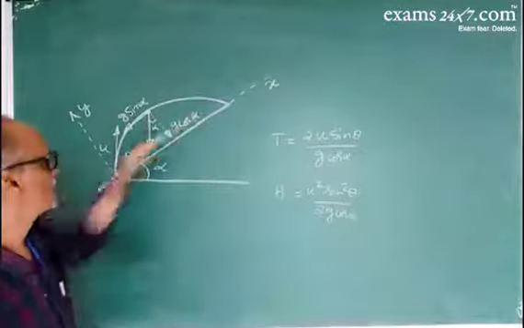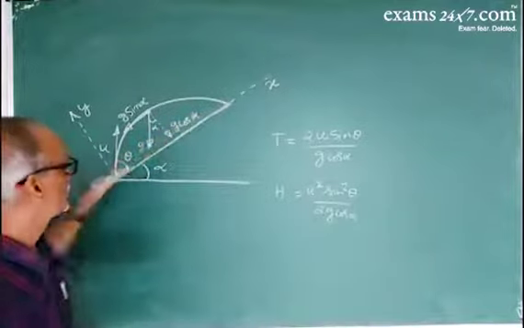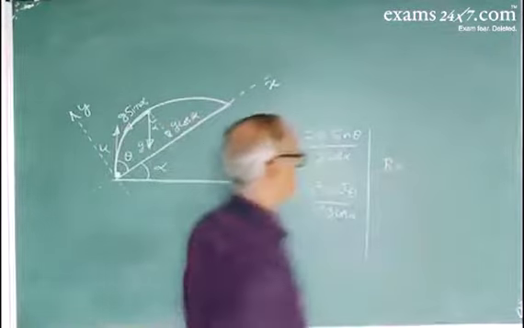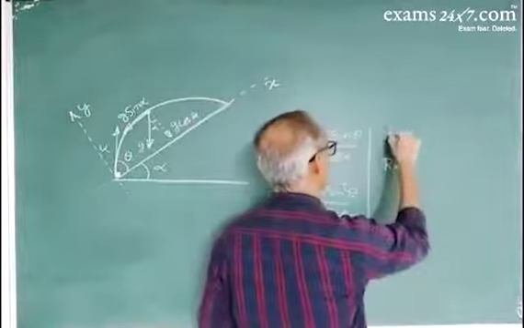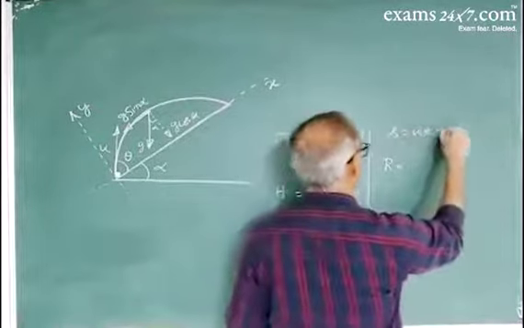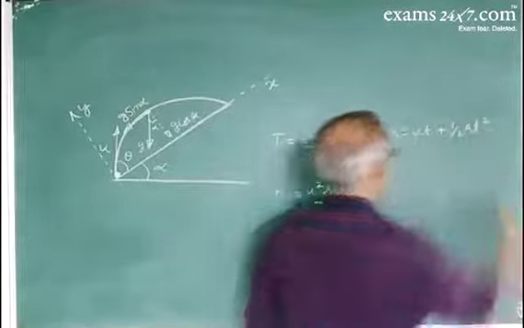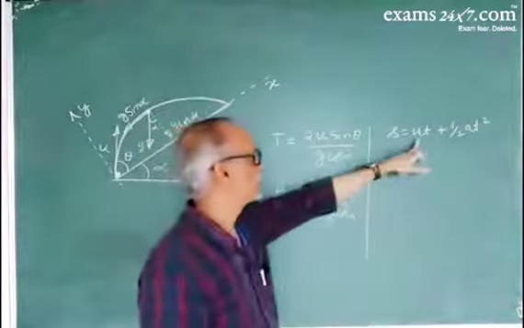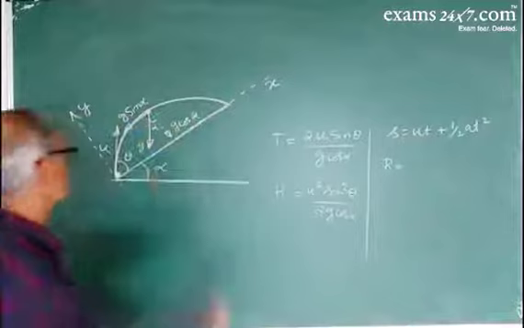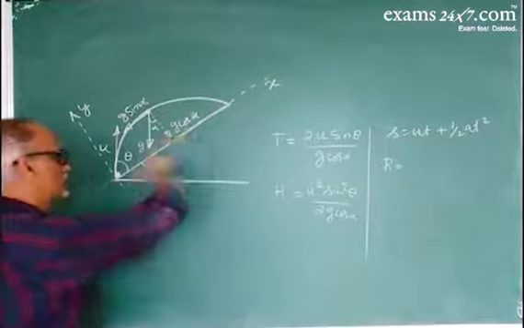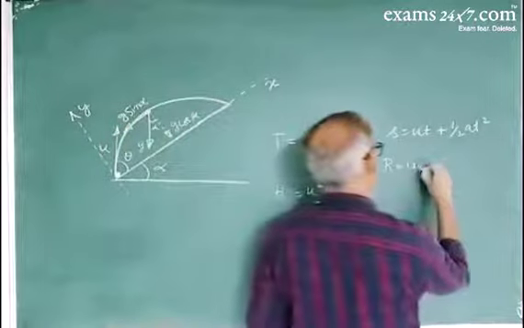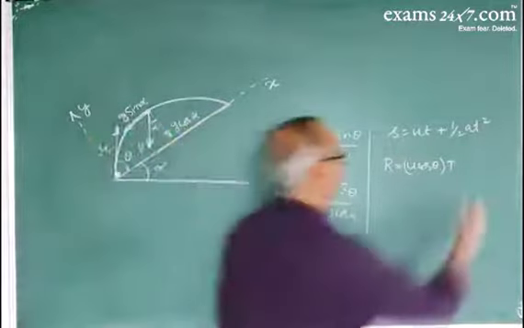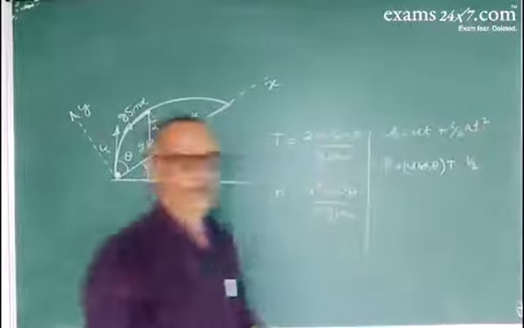Now the range with respect to the inclined plane. R is equal to, normally we use the equation s is equal to ut plus half at square. The distance here is r. What is the initial velocity along the plane? It is u cos theta. The time taken is the time of flight, and the constant half. What about the acceleration?